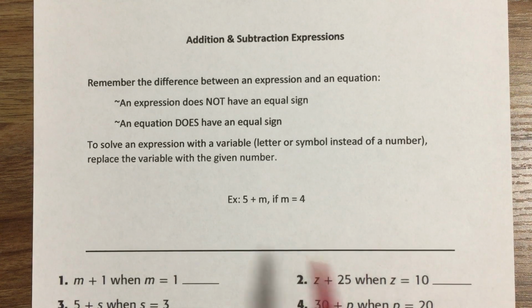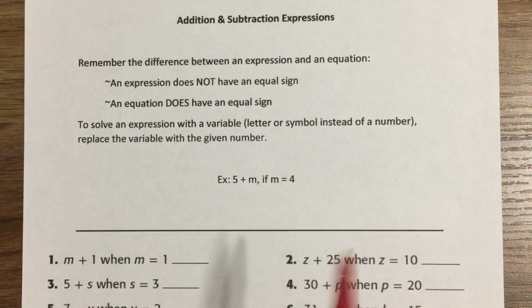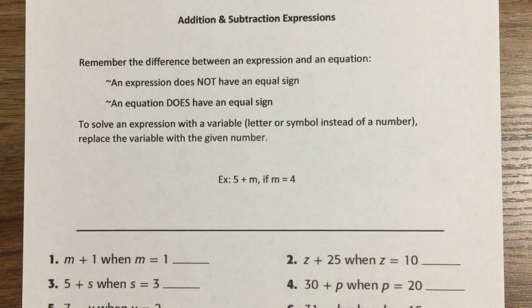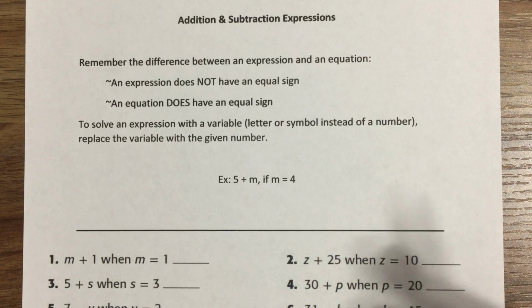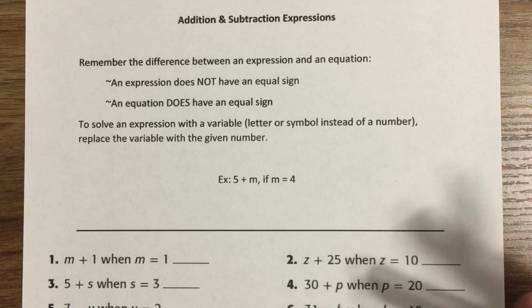Example right here, 5 plus m. There's no equal sign, that's just an expression. M is just some number that we are either going to figure out or they're going to tell us. In all of the cases today, they're going to tell us what that letter actually is, what that number is.